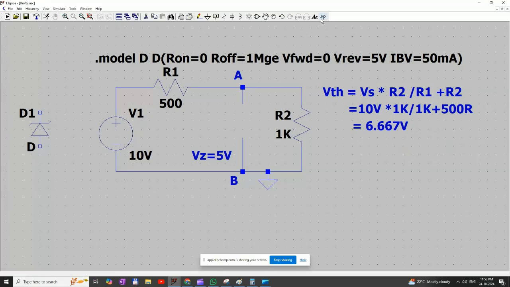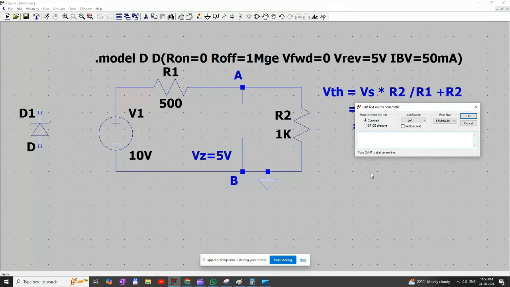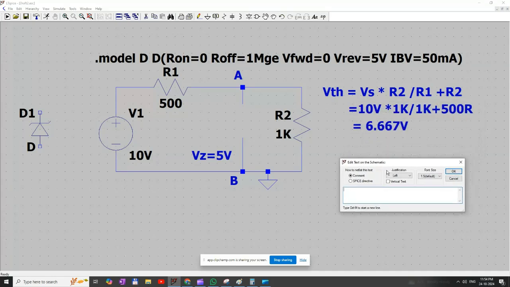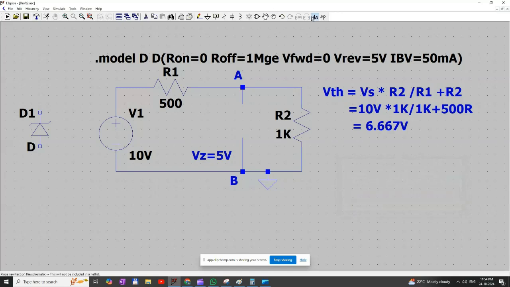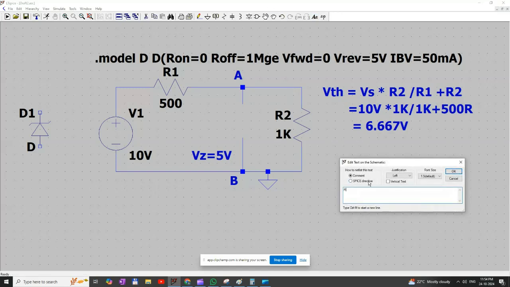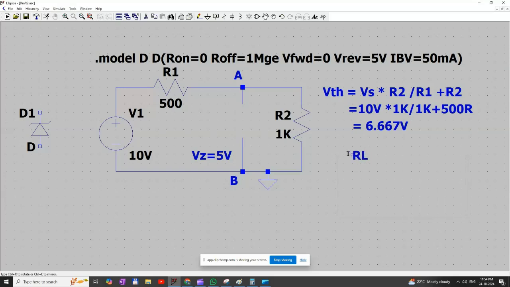So the Thevenin's voltage across node A and node B is more than 5 volt. So we can conclude that this Zener diode is working in the breakdown region, so it will provide a constant voltage across the load. Here we can define it as RL and this is the series resistance RS.